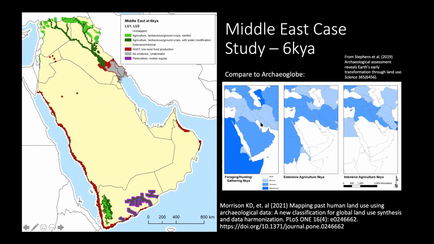But the resolution of that data is quite different, with much, much larger polygons to cover the same region. So only a few polygons, giving a much less detailed idea of how land use is varying within each of the time slices.